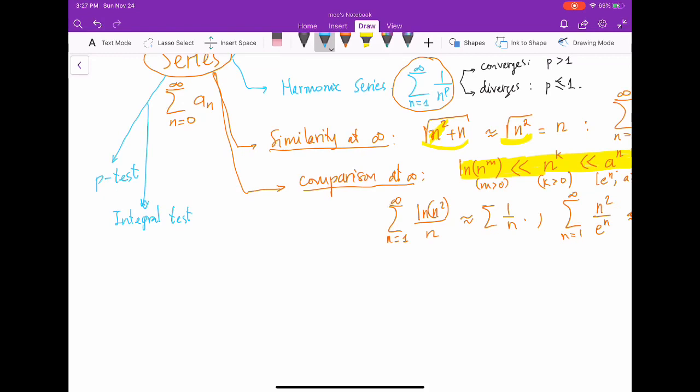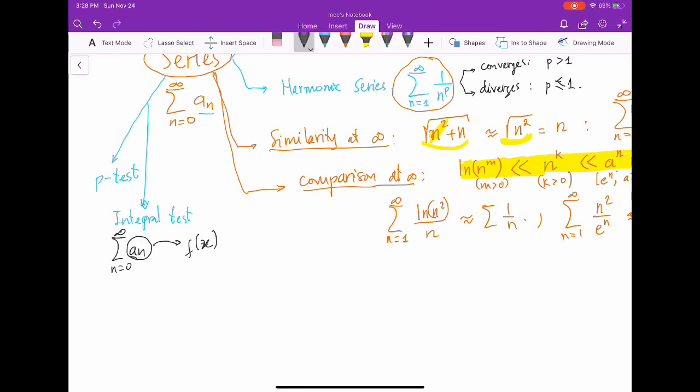If you have a_n, from 0 to infinity, a_n is your general term. And for each general term, you may find some corresponding function f of x. Just replace n in a_n by x, and you get some function like that.